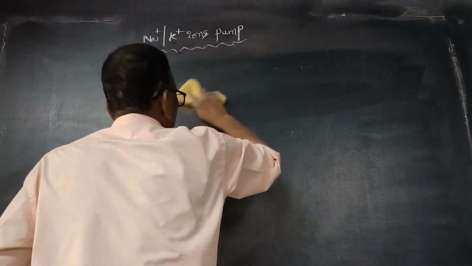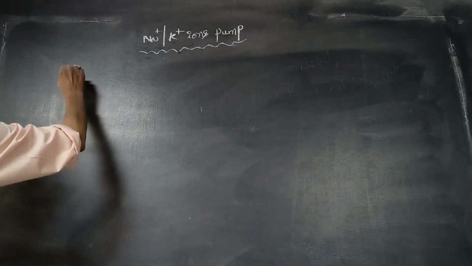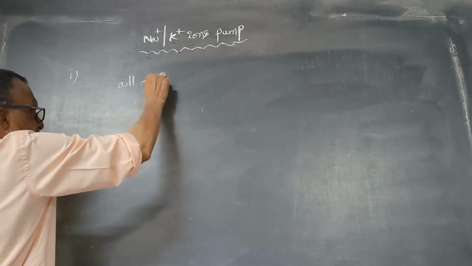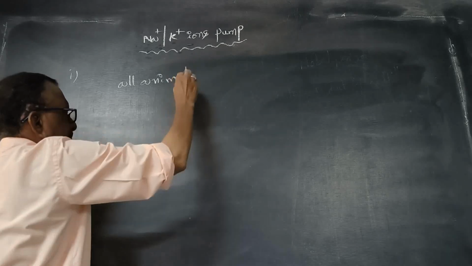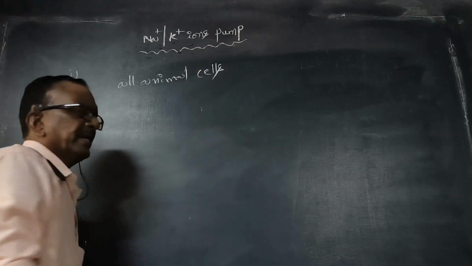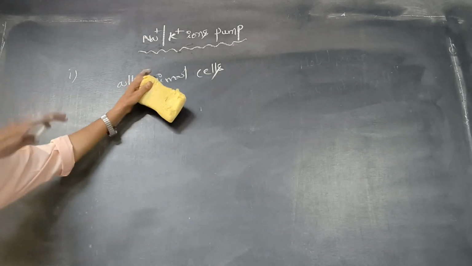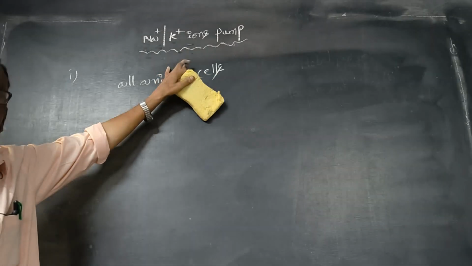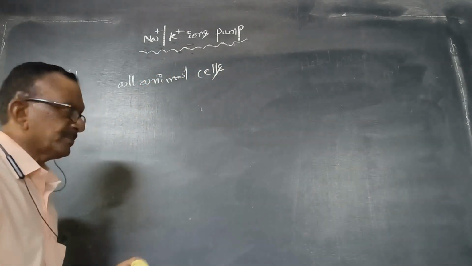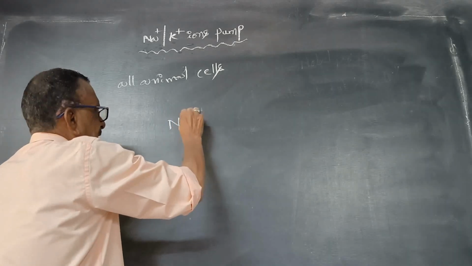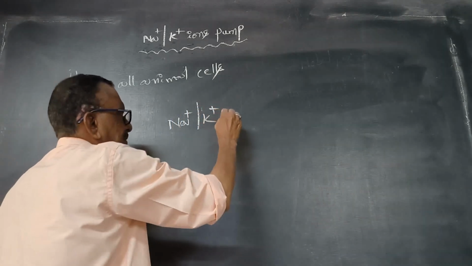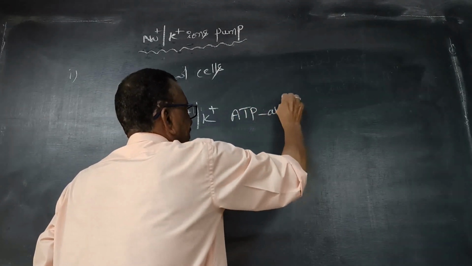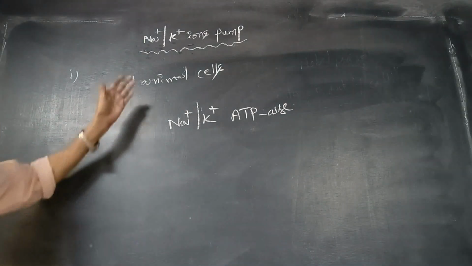Now I am coming to the structural aspects. First one. All animal cells without any exception, in the plasma membrane, we have this sodium potassium ions pump protein. So we write like this also: Na+, K+, ATPase. That is another way of writing this one.